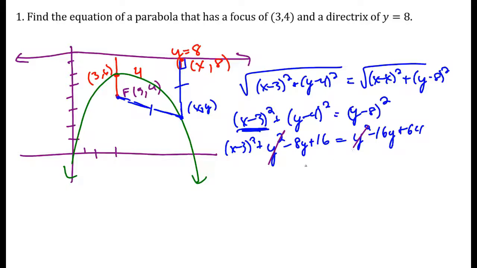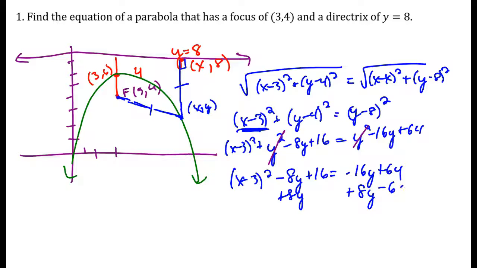There's a y squared on both sides, so I'm left with (x minus 3) squared minus 8y plus 16 equals negative 16y plus 64. Well, I want to get the y's on one side of the equation, and I want to move that 64 to the other side.